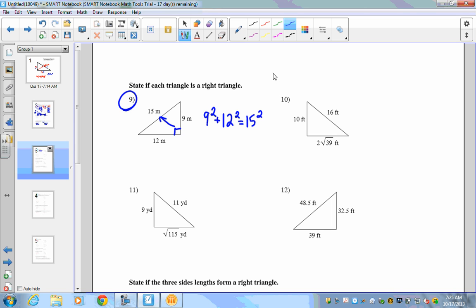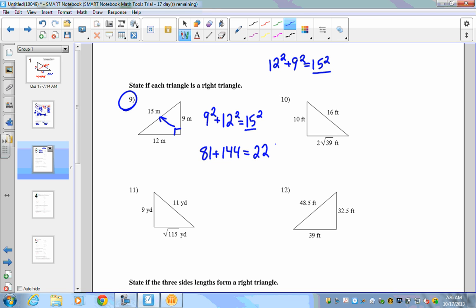Now you might say, well, Coach Ford, can't you set it up as 12 squared plus 9 squared is equal to 15 squared? And I would say, yes, you could. It doesn't matter as long as you make sure you get the c, the hypotenuse, in the right position. So 9 squared, I believe, is 81 plus 144 is equal to 15 squared, which is 225.